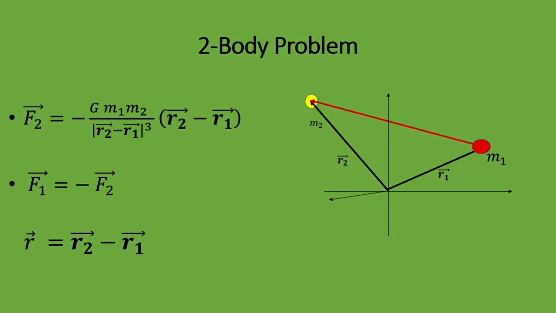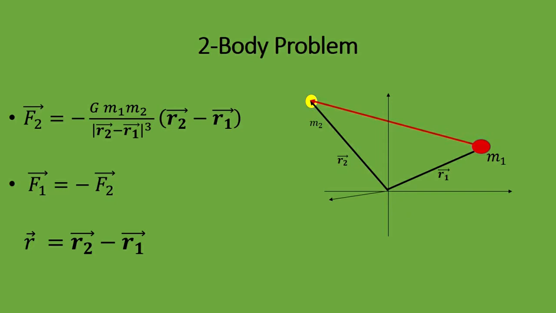So the problem originally is we have two masses, mass number 1 and mass number 2, located in space, and the force between them is an attractive force which is given by the Newtonian gravitational law.